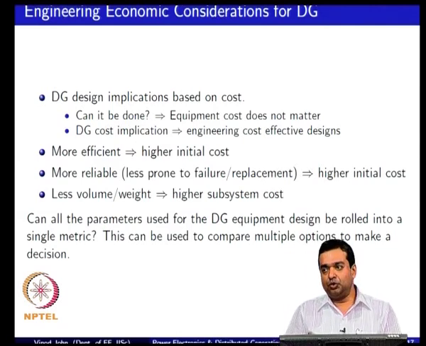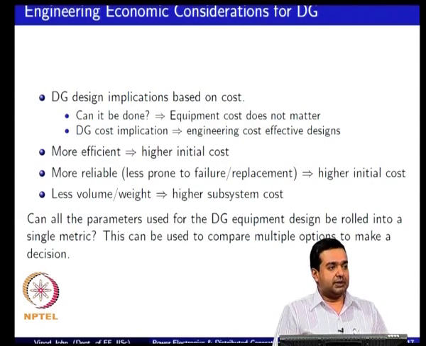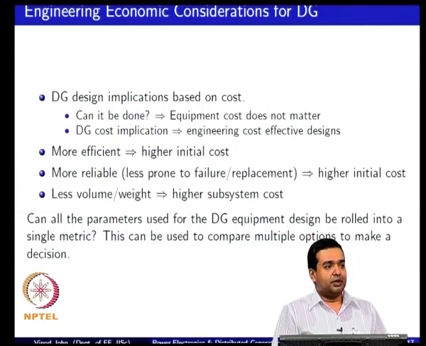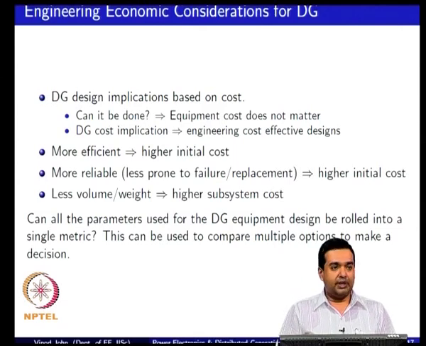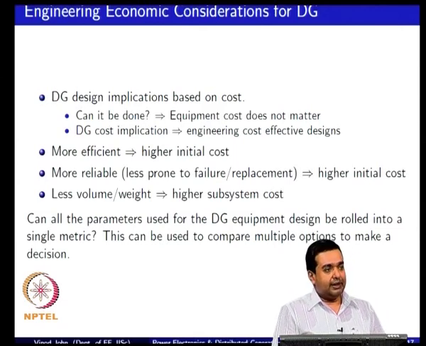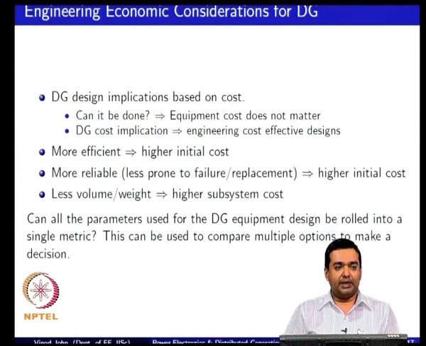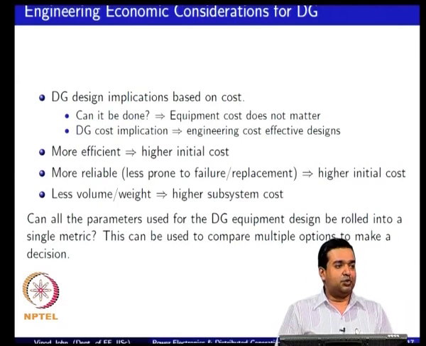For example, when you talk of an application like transportation, say an aircraft or a satellite, size and weight is extremely important. When you want to fly somewhere, the companies that take you there will weigh your baggage and see whether it is under 20 kgs.